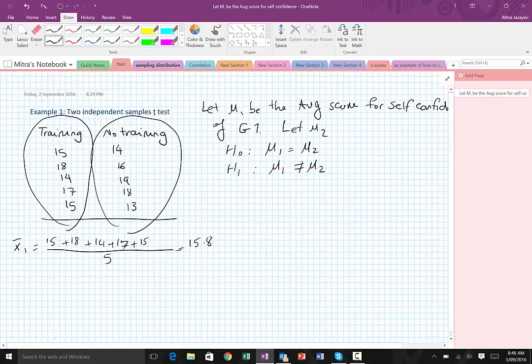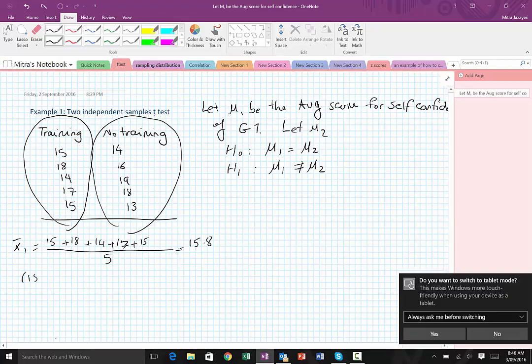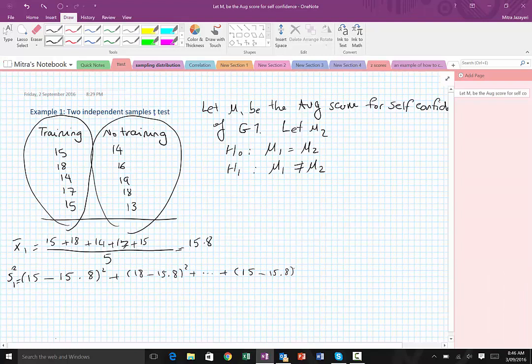And then if I want to do standard deviation of the group 1, S1 squared would be equal to 15 minus 15.8 squared plus 18 minus 15.8 squared plus, it will go to the last one, which is 15 minus 15.8 squared, divided by 5 minus 1.